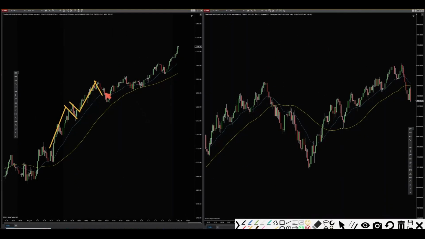At this point, once we have this bar printed under the 21 moving average on 4,000, usually I draw a channel line and wait for the price to test the moving average line and look for a rejection or failure from that moving average line, and this area can be a short entry.